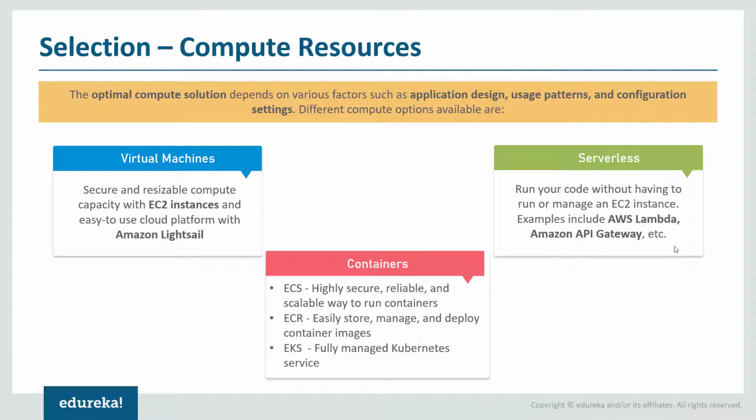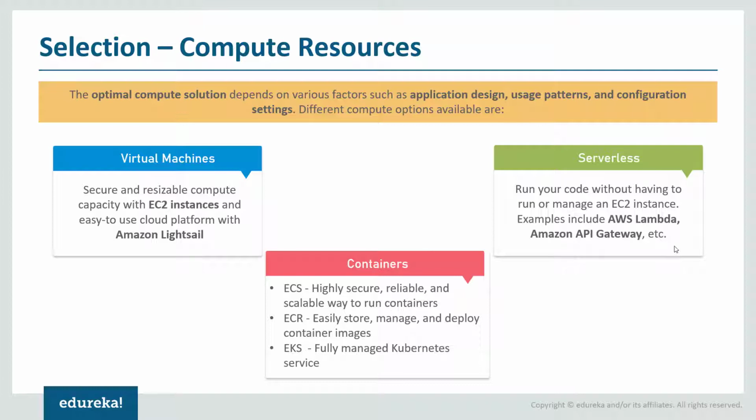Go ahead and use containers like ECS. If you use ECS, it's highly secure, reliable, and you can easily scale and run your containers and store those images in an ECR. Try to manage access. If required, you can take it from ECR and deploy it on an ECS. Or if you want, you can use a fully managed Kubernetes cluster. That's your EKS.